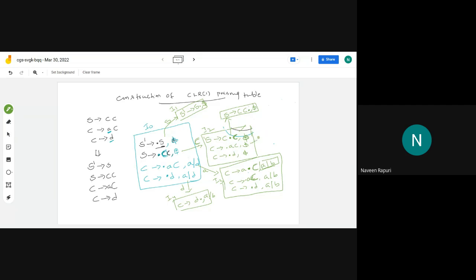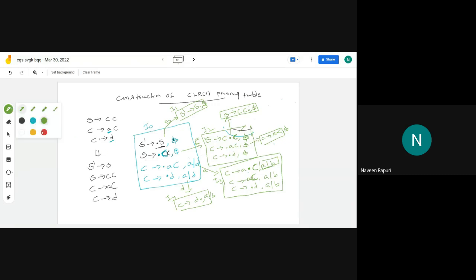Coming to this one, C derives A dot C, comma dollar. Here after the dot, again we are having a non-terminal, so we need to add those productions.